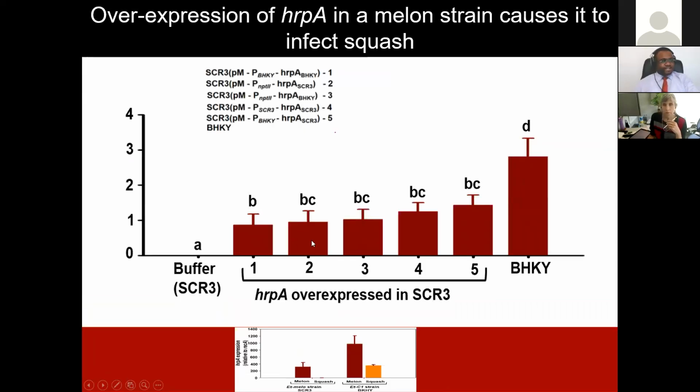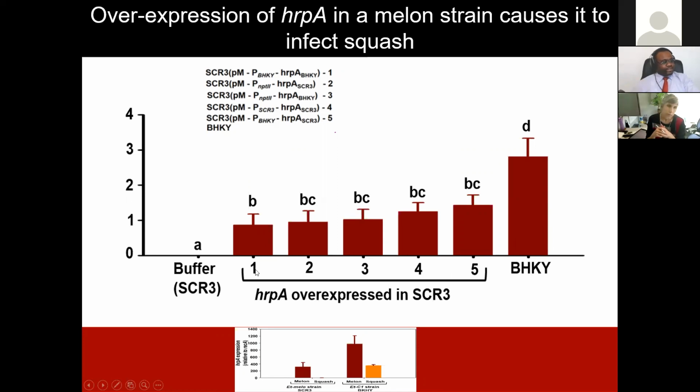Interestingly, consistent with our hypothesis, all the melon strains that overexpress ErpA wilted squash, albeit at a significantly lower rate than BHKY. Let me walk you through this really quickly. This is BHKY, a squash strain that wilts squash. The buffer and SL3 alone do not cause any wilt on squash.